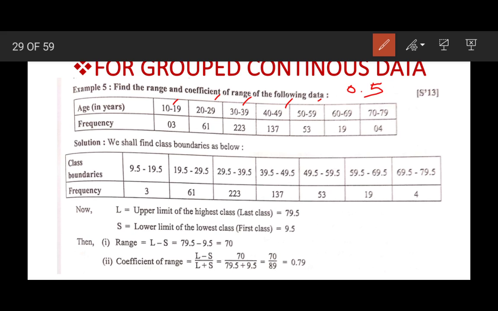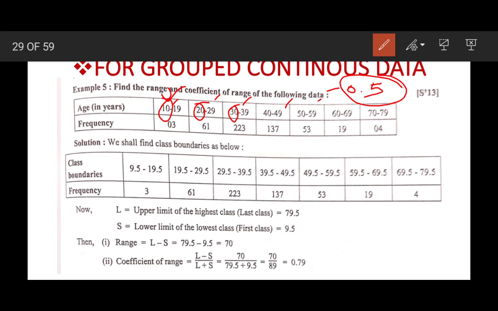We subtract 0.5 from the lower value of the class intervals. This one is a lower value; here 20 is a lower value, here 30 is a lower value.